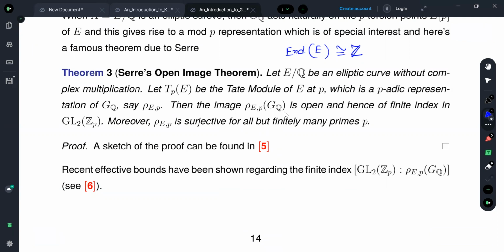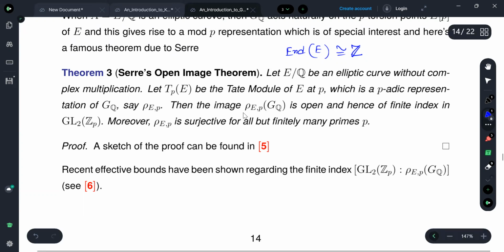For example, Serre once proved a very effective version of the Chebotarev density theorem, and he used the image of a Galois representation in his paper very much. That's why it is sometimes very important to see how large the Galois image is.